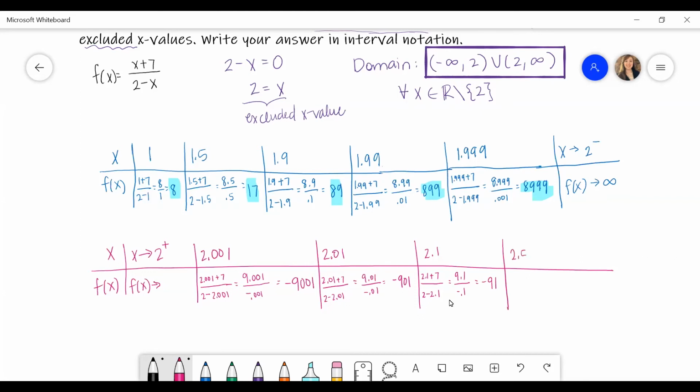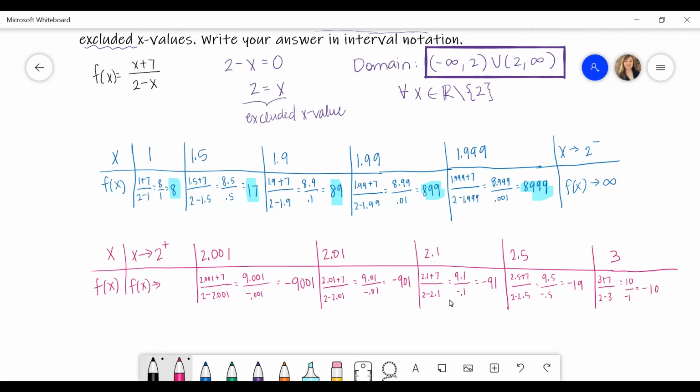I would then say 2.5, so 2.5 plus 7 over 2 minus 2.5, 9.5 divided by negative 0.5 would give us negative 19. And maybe 3, again, just mirroring the same values. 3 plus 7 divided by 2 minus 3 would be 10 over negative 1, which is negative 10.